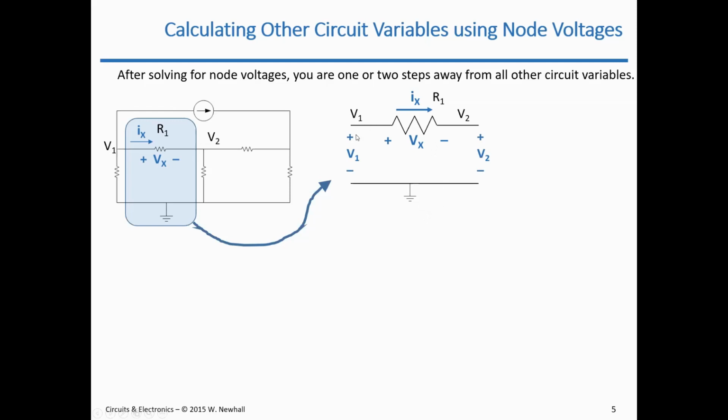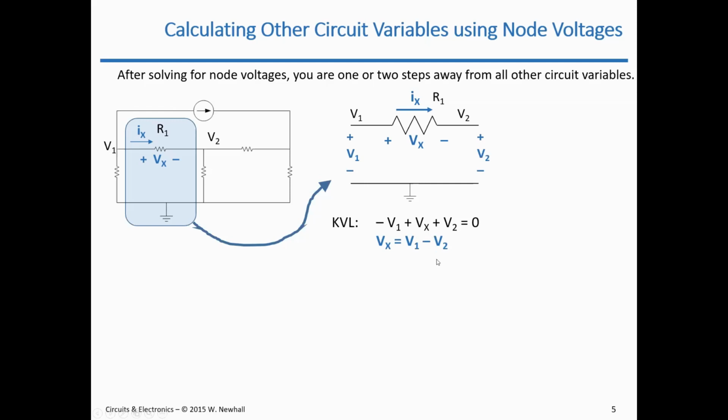Now, V1 is explicitly written like this, with polarities. V2 is written like this with its polarities between the node and ground. And so I could write a KVL equation around this that says minus V1 plus Vx plus V2 equals 0. So that's the KVL equation. This lets me solve for Vx, right?